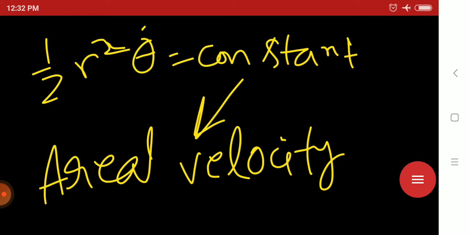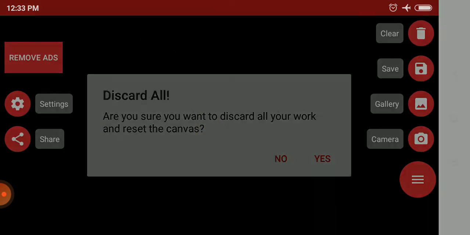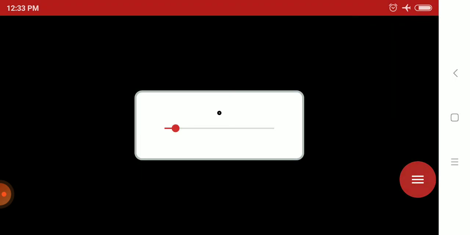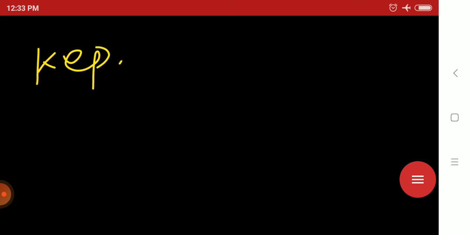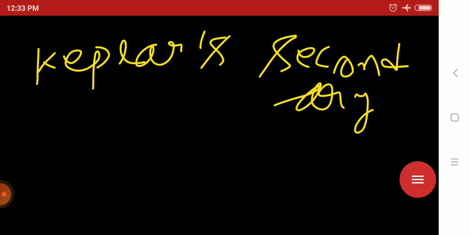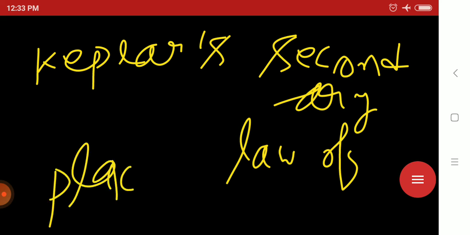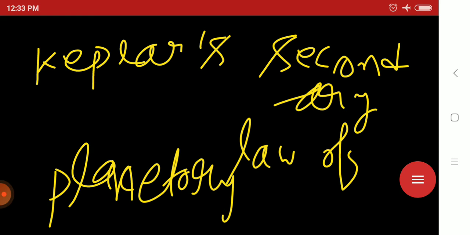Areal velocity is constant when the motion takes place under a central force. This is known as Kepler's second law of planetary motion, so we can write it here: Kepler's second law of planetary motion, not the first.